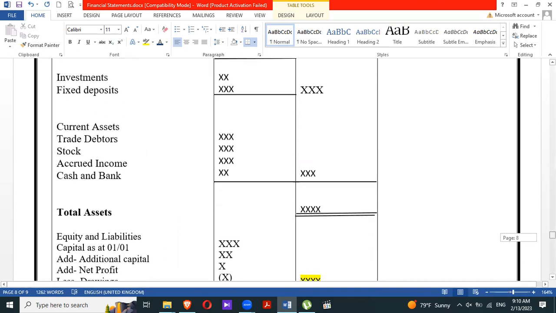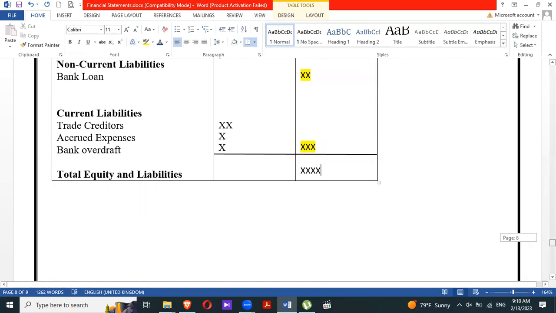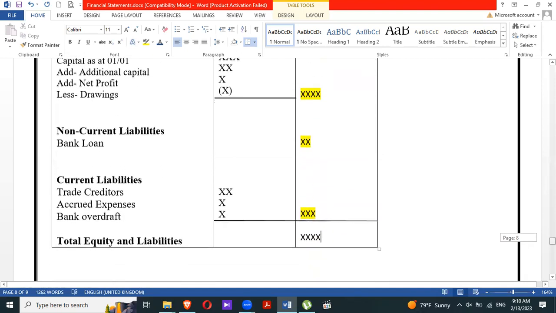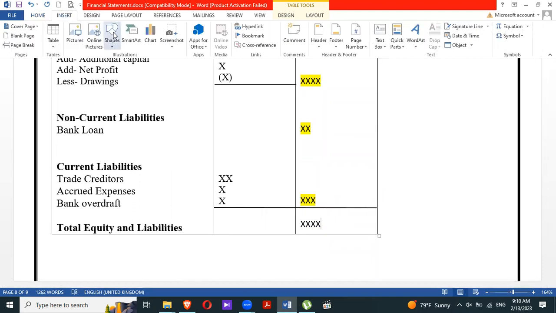So this is the full structure. Total assets should be equal to this balance, total equity and liability. Here also you have to put a double line, right? Like this, you have to put a double line here.